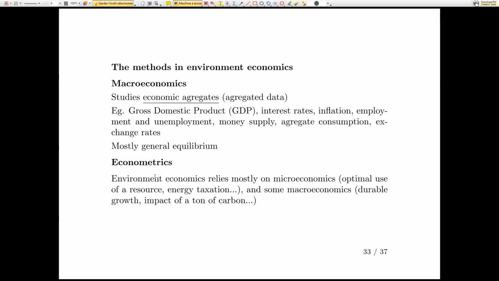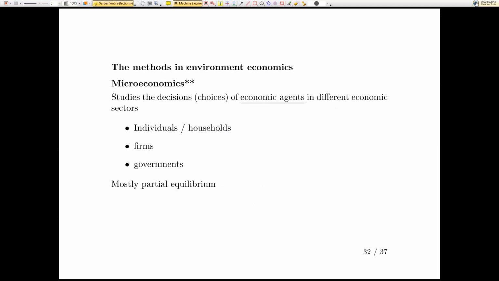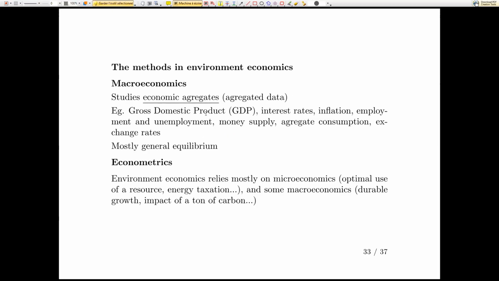Econometrics, so everything that has to do with collecting data and analyzing it, so knowing how people react to stuff, if supply or demand is inelastic, what's the impact of carbon. So this is mostly maybe a physical science question. But anything that has to do with estimating models that we come up with in microeconomics or in macroeconomics, at some point you need data.